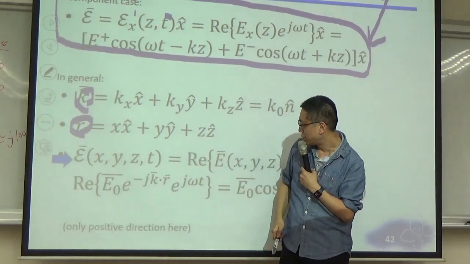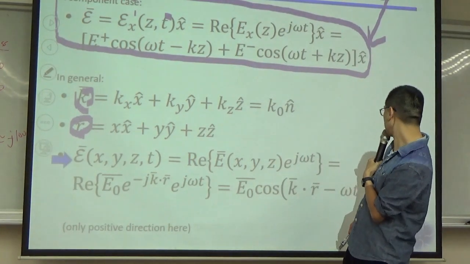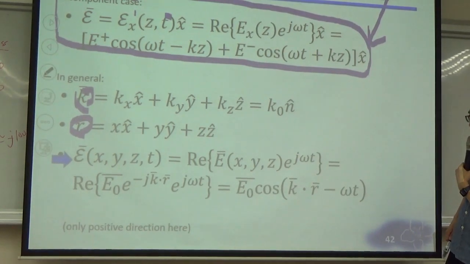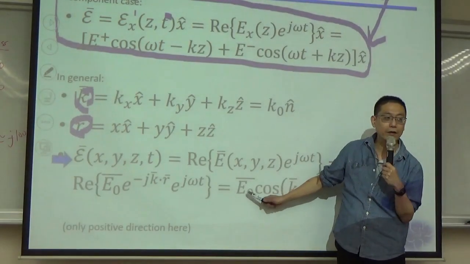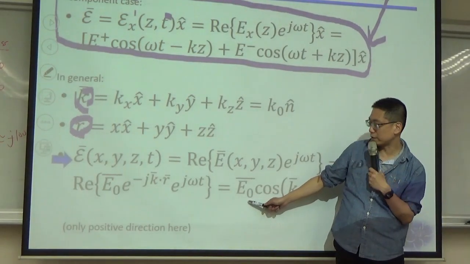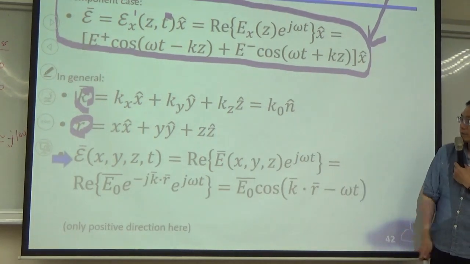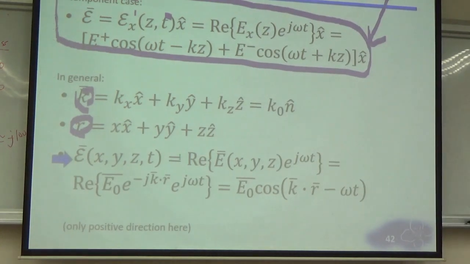But is there any but? The vector part is inside this E0, right? Still a vector. The only thing new is here.